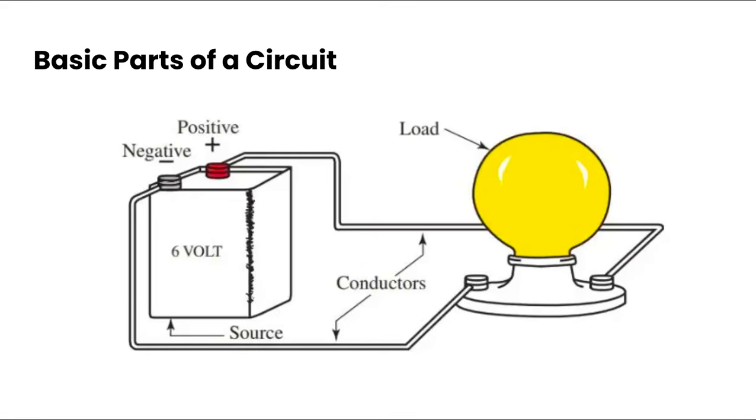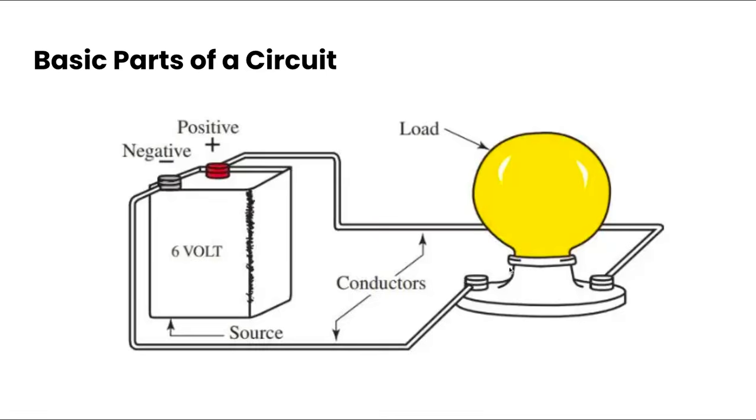Now, what are the basic parts of a circuit? A circuit has to have three main components. The first component is a load. Usually we use a light bulb, which is a great example of a load. A load is just a device that takes electrical energy and converts it to some other form of energy.